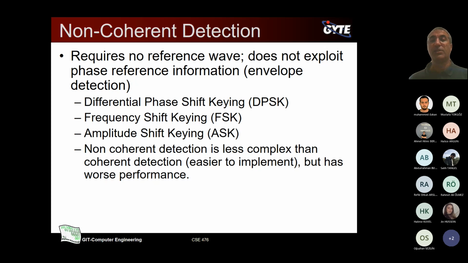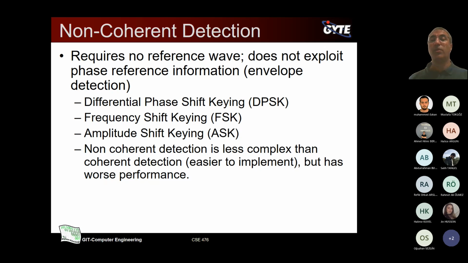In other words, it utilizes the received signal by itself to detect the signal, and this can be used by DPSK, FSK, ASK. As you see, it cannot be utilized by PSK because the phase information can be lost during the transmission.